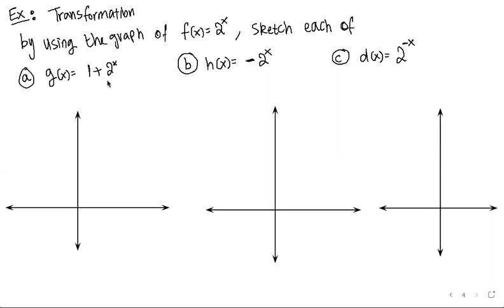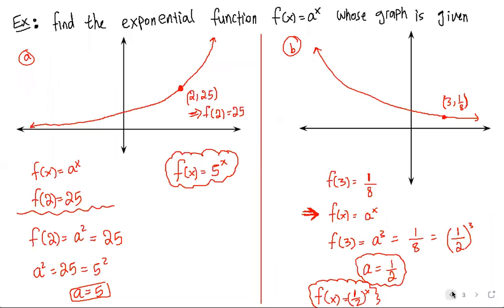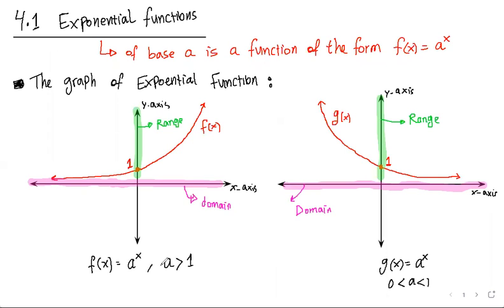So, okay, I'll do it. F of x equal 2 to the x. So the graph for this function is like this. The 2 is greater than 1. Like I said here, if a is greater than 1, the graph will look like this.